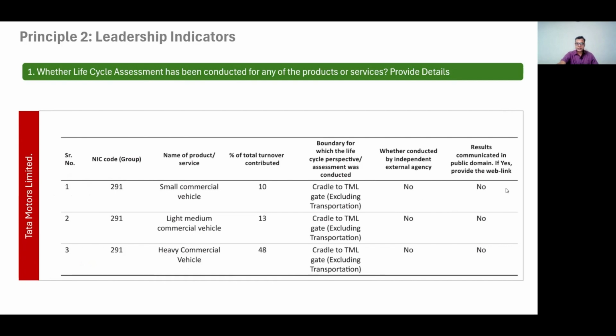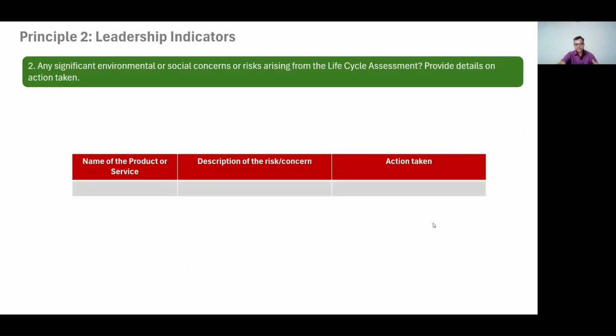And they have done it internally and they have not published the results. The follow-up question for this is in the next indicator, which is any significant environmental or social concerns or risks arising from the life cycle assessment, provide details on the actions taken.